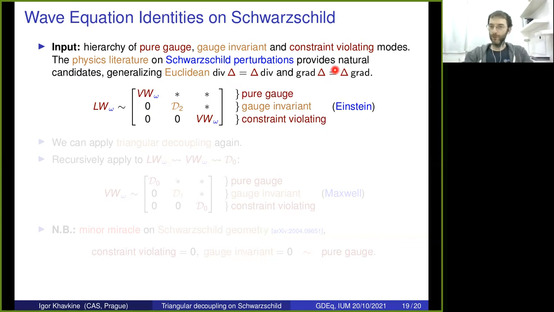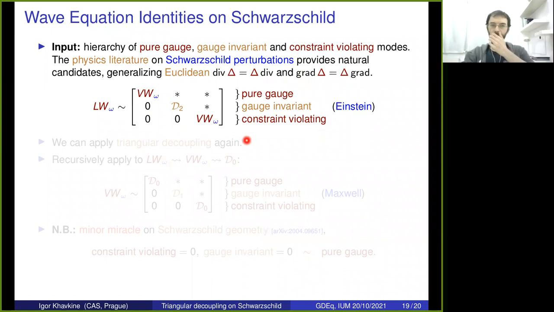All right. So if you study the physics literature on perturbations, electromagnetic or Maxwell perturbations of Schwarzschild spacetime, as well as linearized gravity or linearized Einstein perturbations of Schwarzschild spacetime, then these concepts are fairly well defined. And geometrically, you can think of them as generalizations of well-known identities from Euclidean geometry of the commutations between Laplacian operators and divergences or gradients applied to vector and tensor fields.